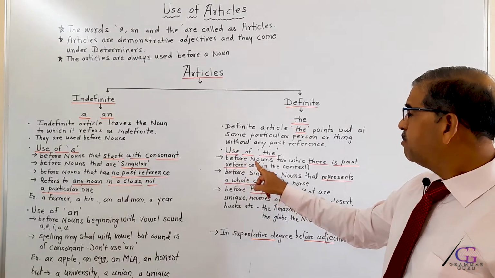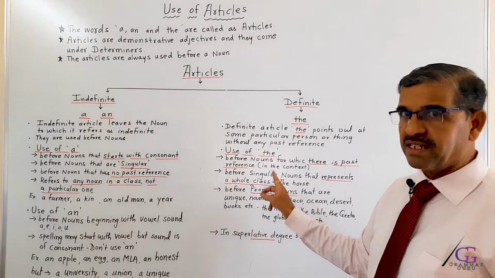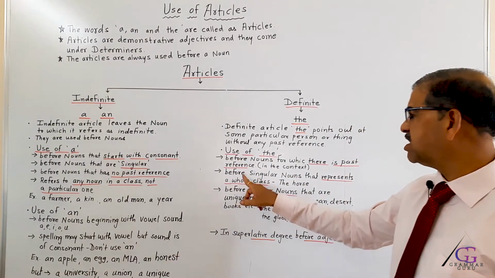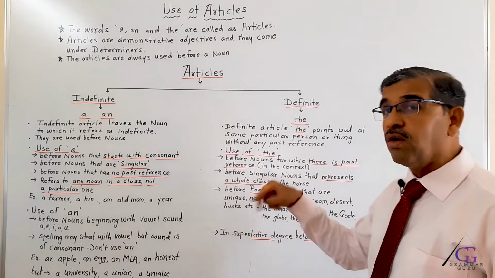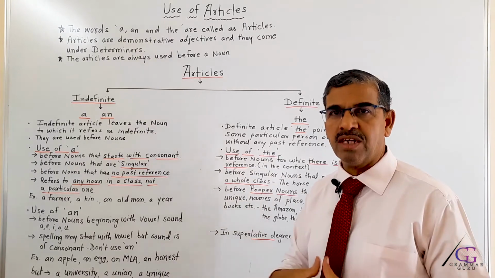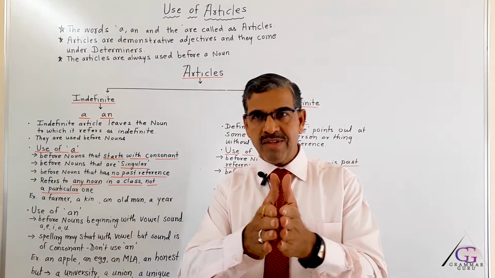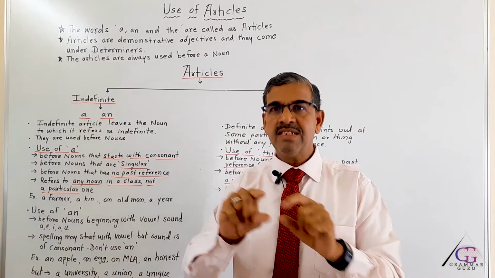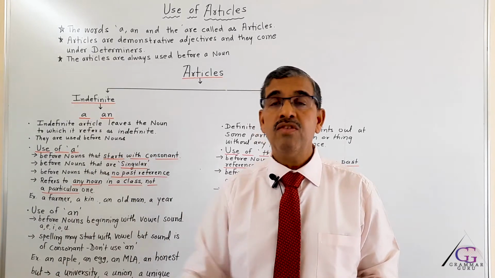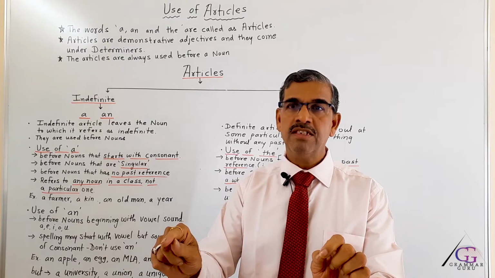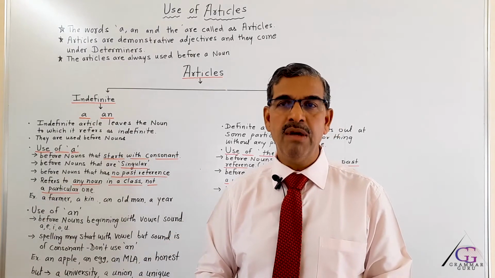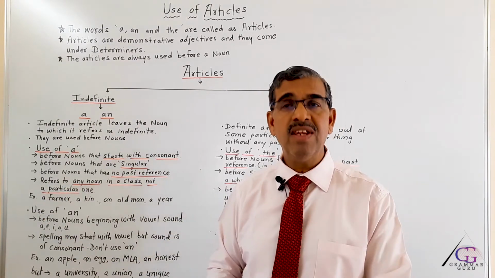The first one is before nouns for which there is past reference, that I have recently just discussed. Then before singular nouns that represent a whole class. Now this you have to keep in mind. Suppose there is a sentence given and there is a singular noun. So we say, horse dash dash horse is a useful animal. Well, what should you write in the fill in the blanks?